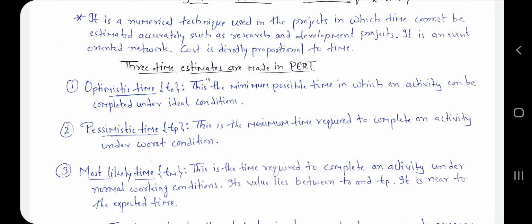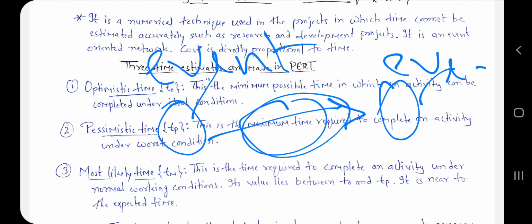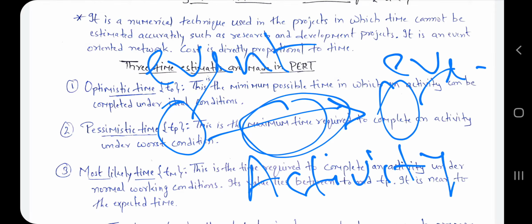Means our project is running now, so you already know that this is our event and this is our event, and this part is our activity. So this is the minimum possible time in which the activity can be completed. Means from this point to this point we have reached in the minimum possible time.